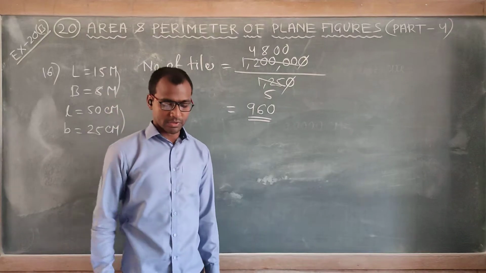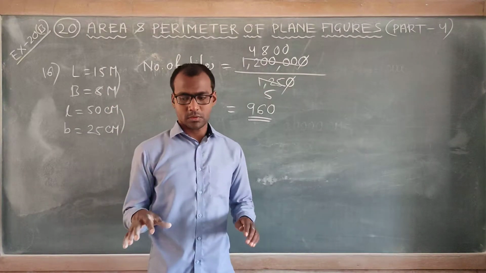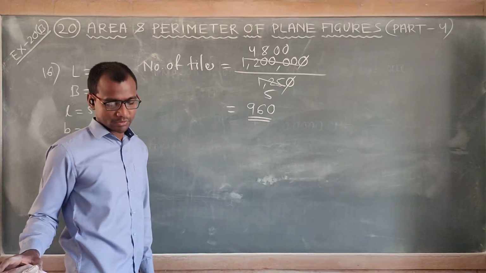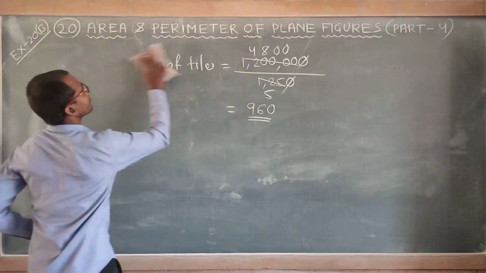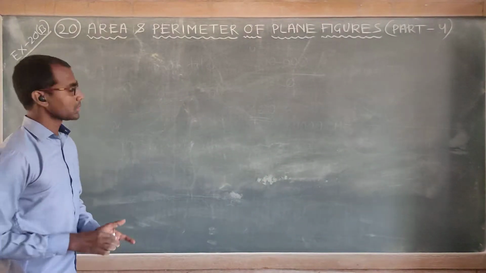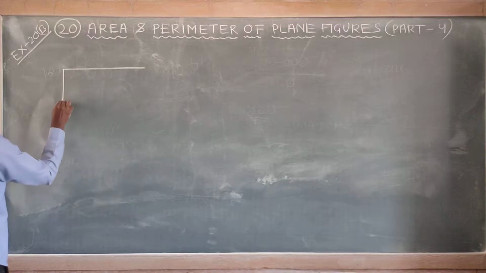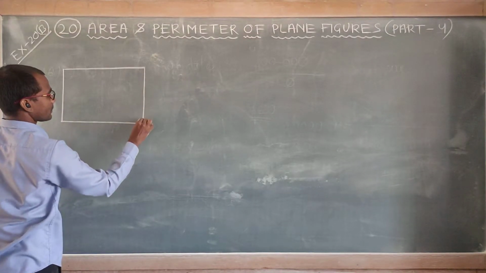Next, the second part of the question. Further, if a carpet is laid on the floor so that a space of 1 meter exists between its edges. Same question, the question is not over. Suppose this is the floor.